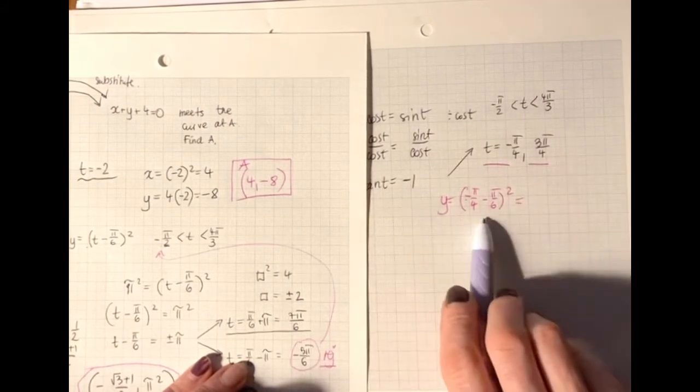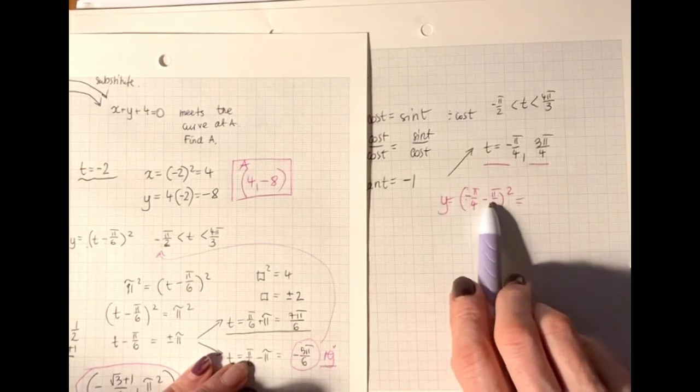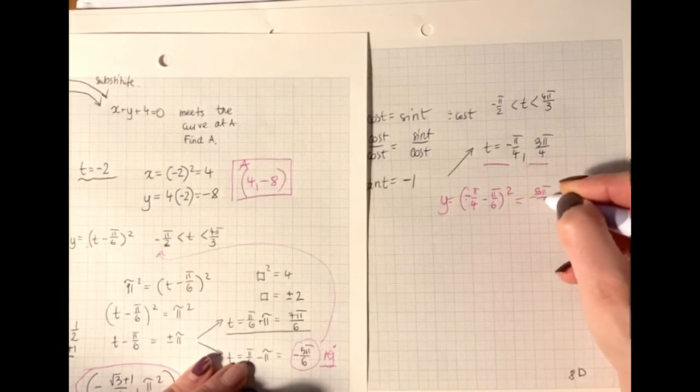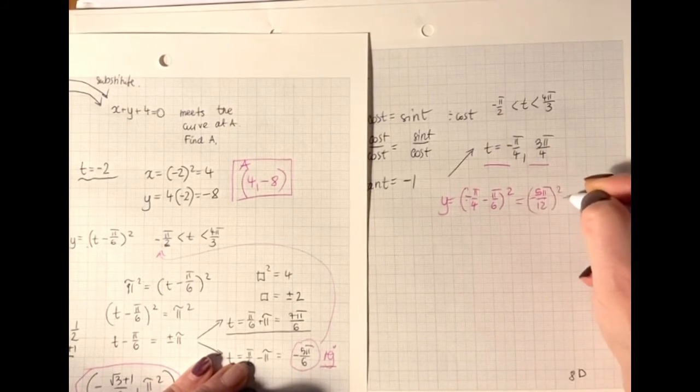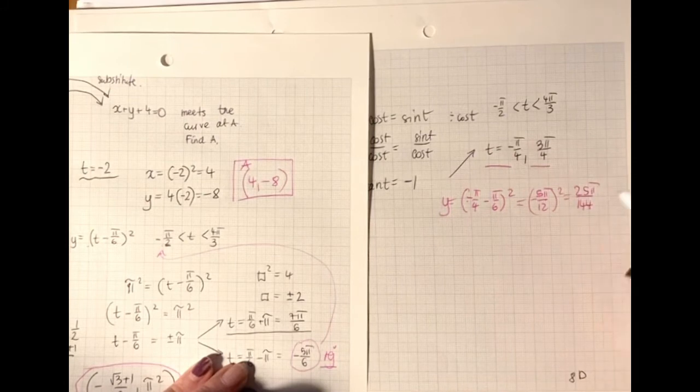So that gives me, if you change it into 12ths, that's going to be 3 and 2, minus 5 pi over 12 squared, which is 25 pi squared over 144.